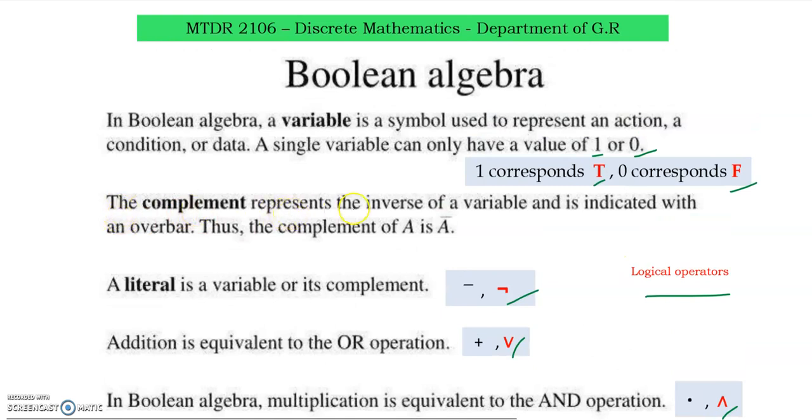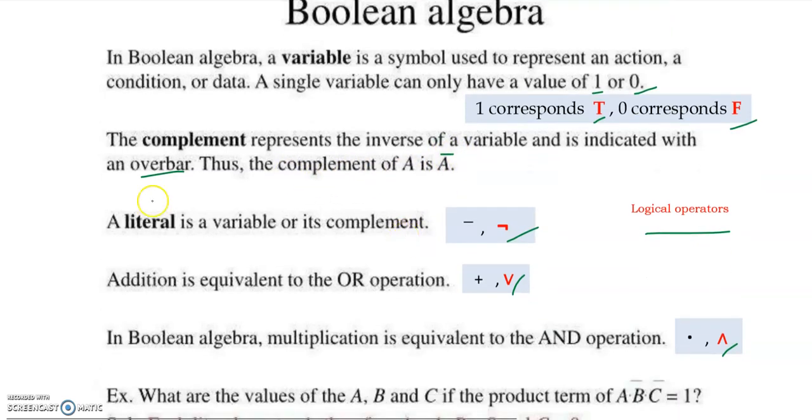The complement represents the inverse of a variable and is indicated with an over bar. Over bar means this. See, the complement of A is A bar. A literal is a variable or its complement.